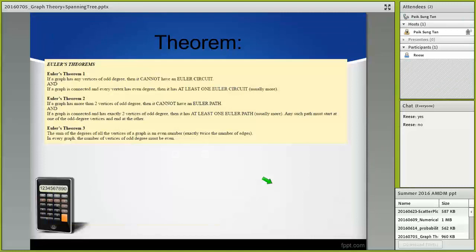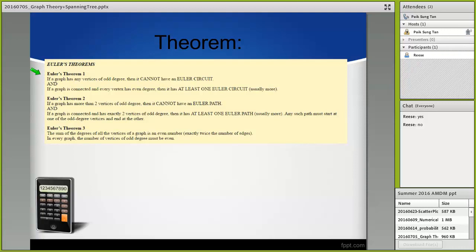Alright, now we look at the theorem. In the discussion post, we discussed a conjecture after we did the task, to see what is the quick way for me to tell whether this graph has an Euler circuit or not, or an Euler path or not. And these are Euler's theorems.